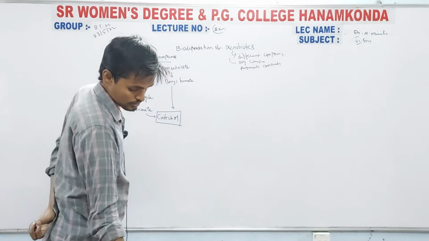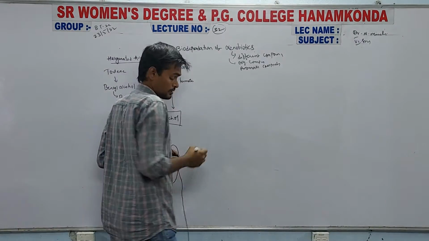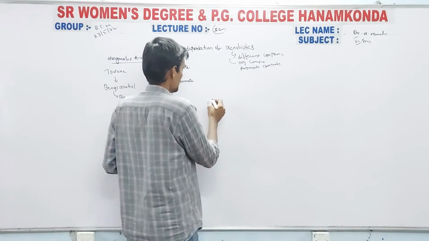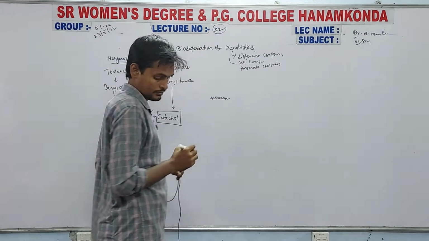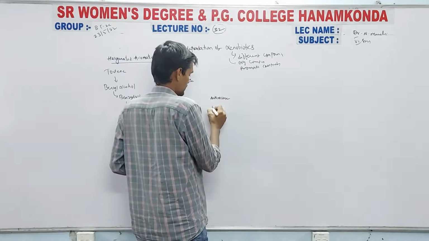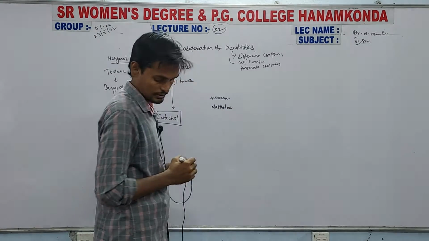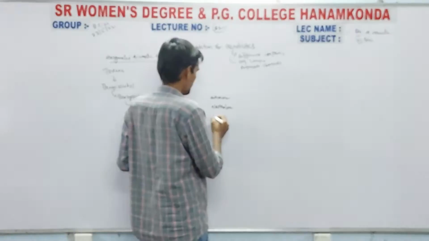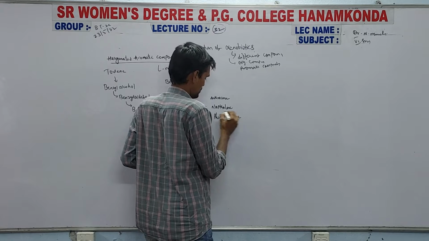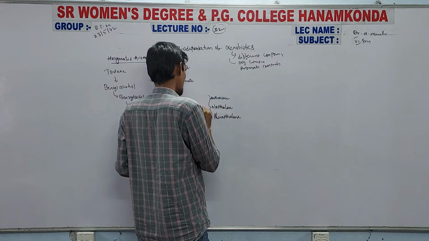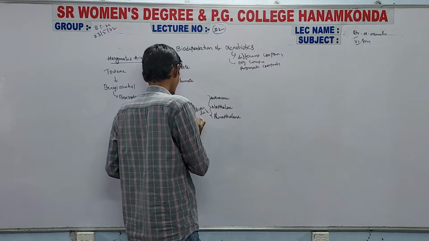So if you go for other aromatic compounds like anthracene, naphthalene, and phenanthrene, which undergo degradation to form salicylic acid, and which results in the formation of catechol.